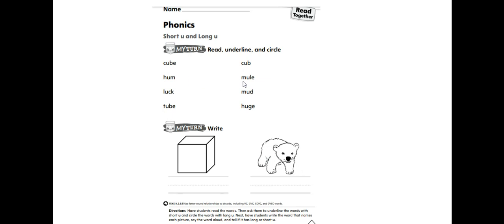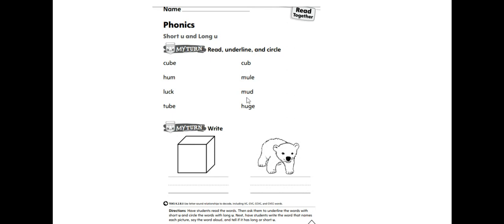The next word is mule. There's a magic E at the end, giving the U the long U sound. Next word, sound it out with me. Luck. Short U sound. Sound this one with me.